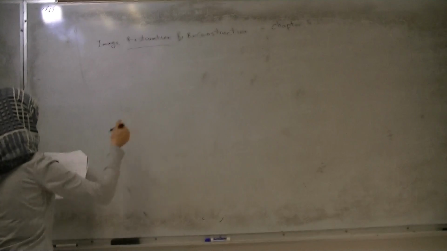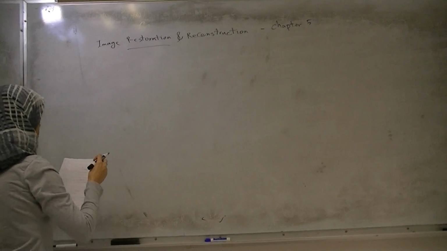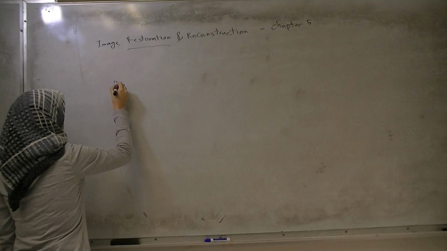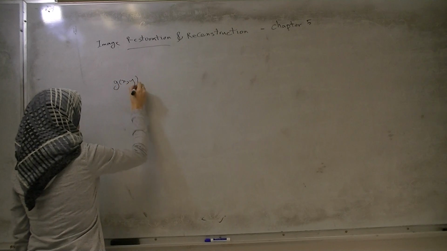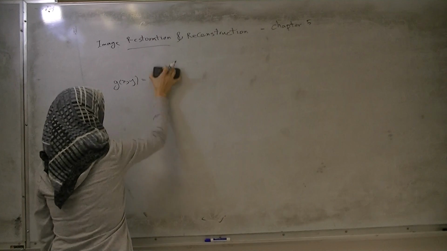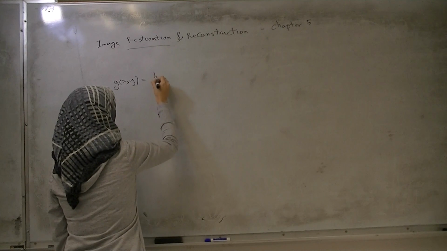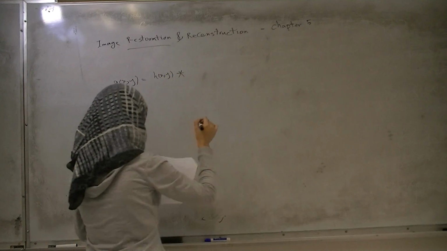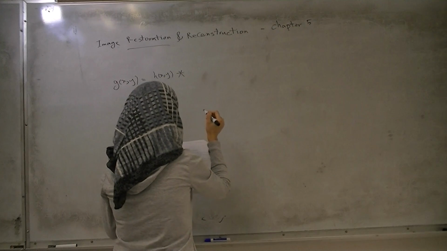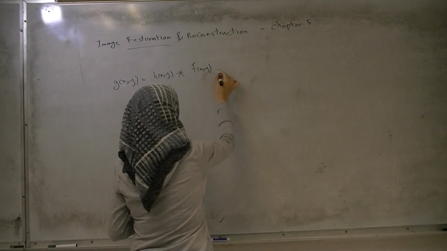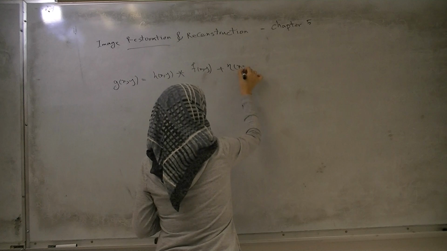The H that we have here, if H is a linear position-invariant process, then g(x,y) equals the convolution of h(x,y) and f(x,y) plus the noise.